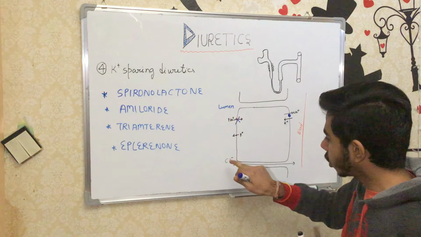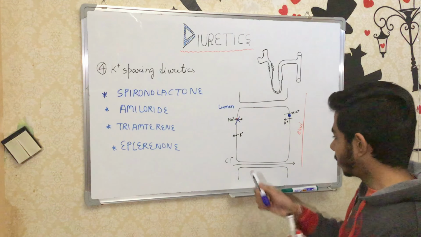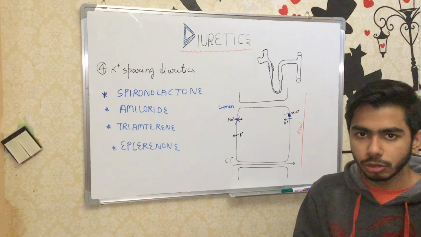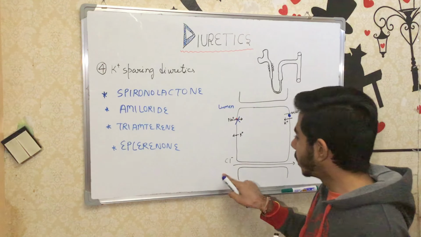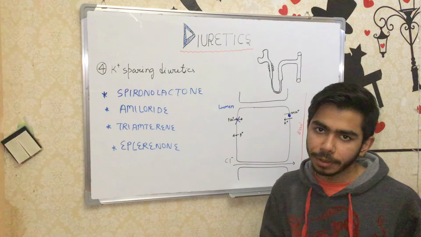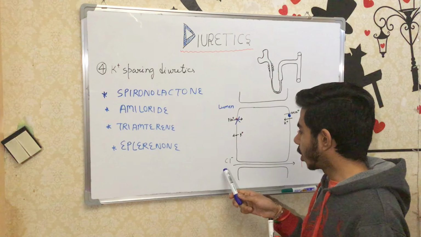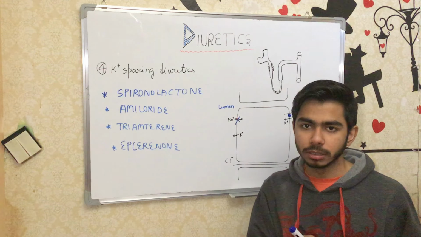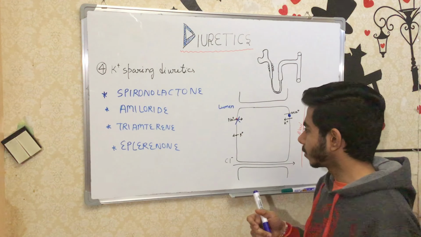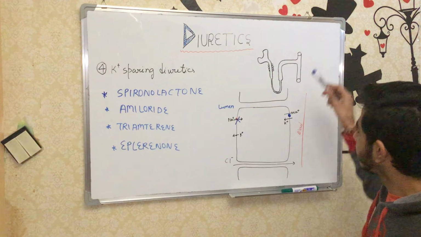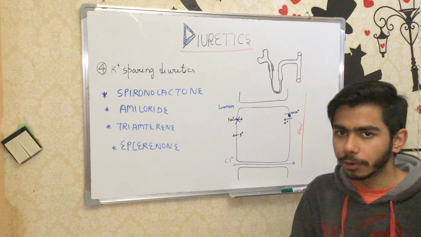Along with that, chloride ions, which were passing paracellularly into the blood, will also start accumulating inside the tubular lumen. Sodium and chloride ions make salt, so salt along with urine will appear and be excreted out through the collecting duct in the form of urine.